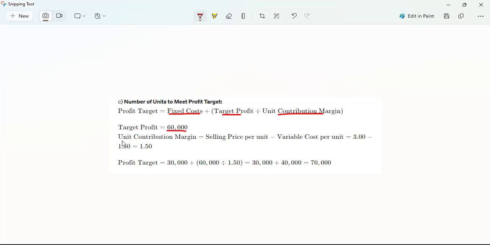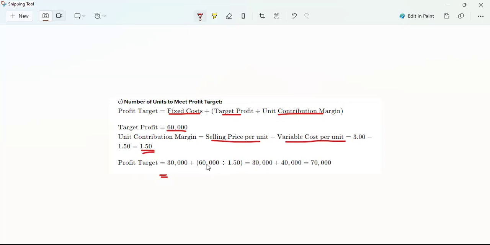So first we need to calculate our contribution per unit margin, which is the selling price per unit minus the variable cost per unit. So this was 3 kwacha minus 1 kwacha 50 ngwee, which gives us 1 kwacha 50 ngwee. So to find the targeted profit, we're going to have the fixed cost, which is our 30,000 plus 60,000 divided by the contribution per unit, which is 1.5.